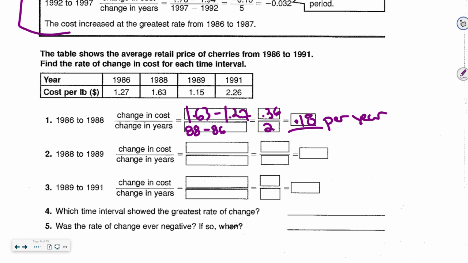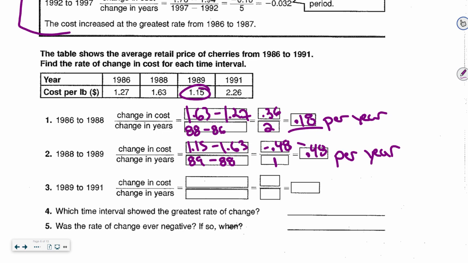In the next one, it's again 89 minus 88, so it's only a 1-year cost. But you'll notice that it starts at 1.15. Now the cost is 1.15, and we started at $1.63. So we actually lost 48 cents that year. So this is a negative 0.48 per year.